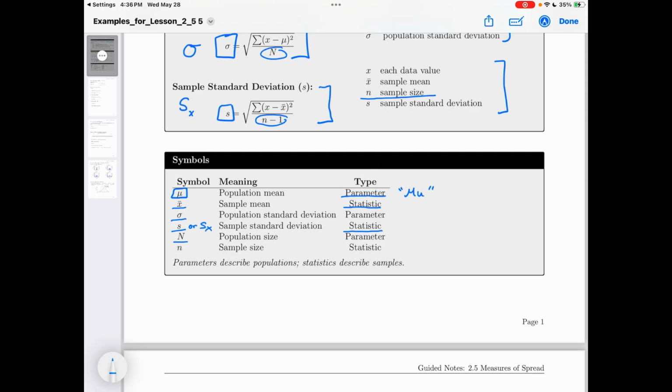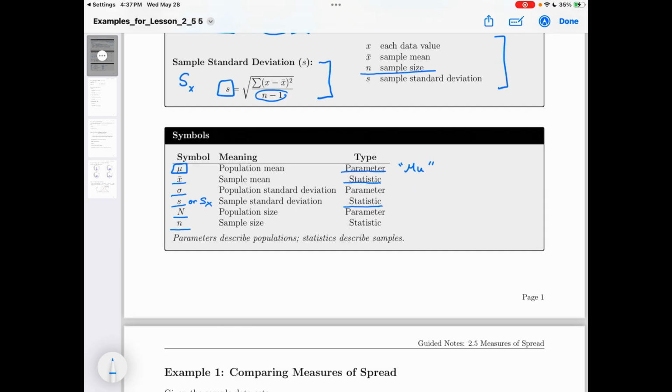And then again, a quick review. When we're looking at population size, we call that capital N, and lowercase n stands for the sample size. So to recap this important information before we move on to the examples, we know that standard deviation tells us how spread out the data is from the mean.